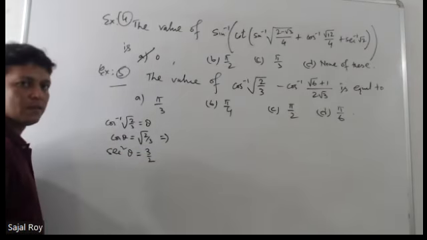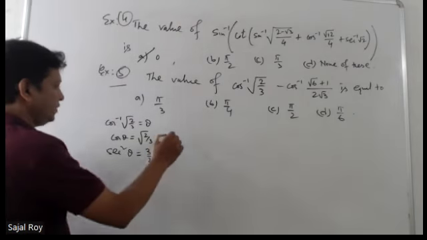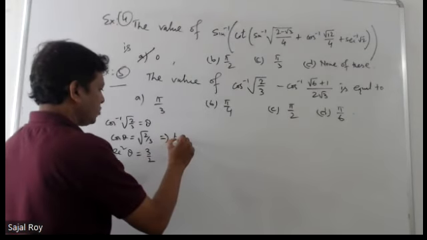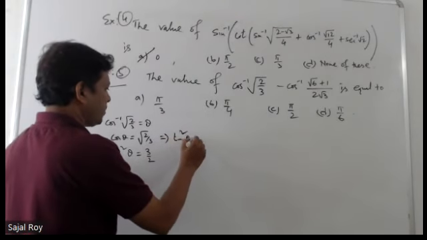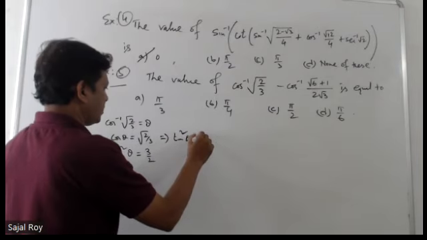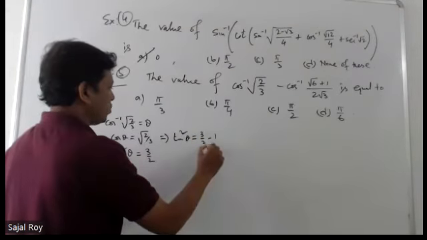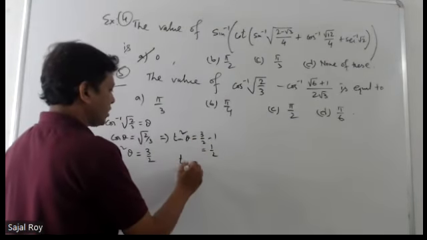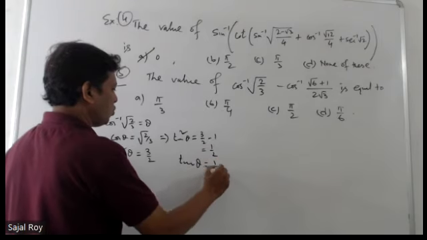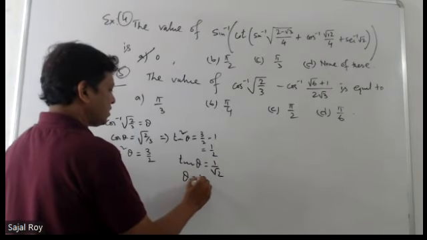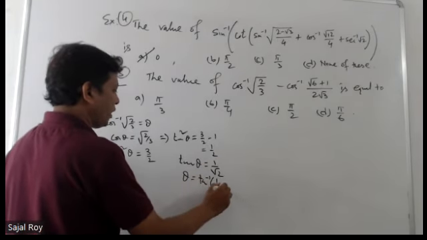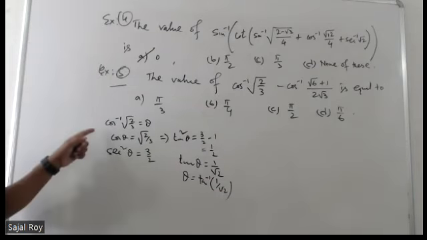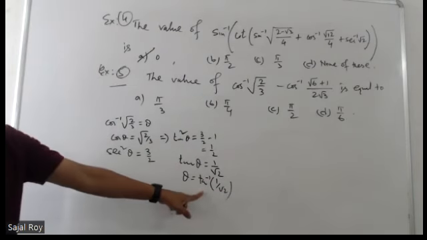So tan square theta is sec square theta minus 1, so it is a half. So tan theta is 1 by root 2. So theta is tan inverse 1 by root 2. Got it? So you see your cos inverse converted into tan inverse.